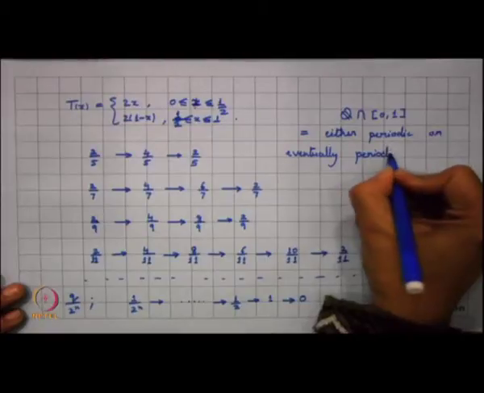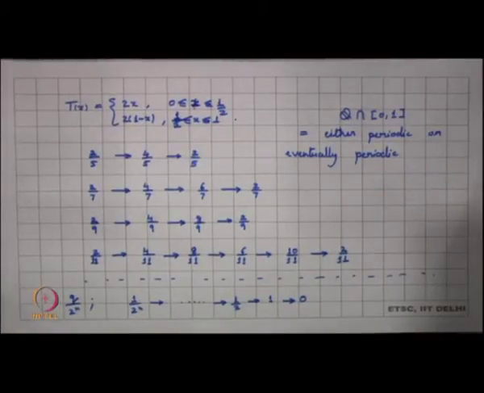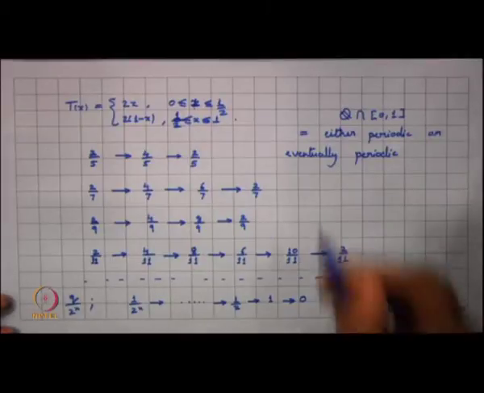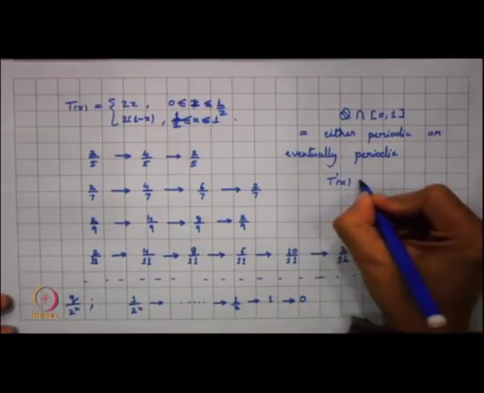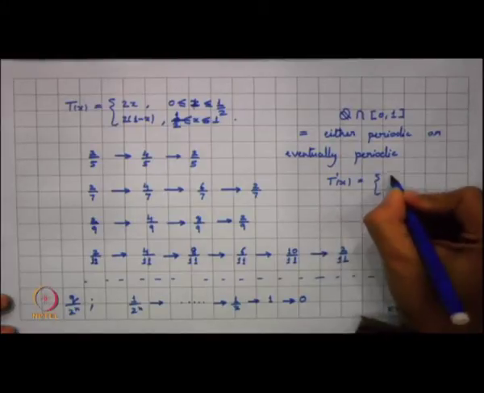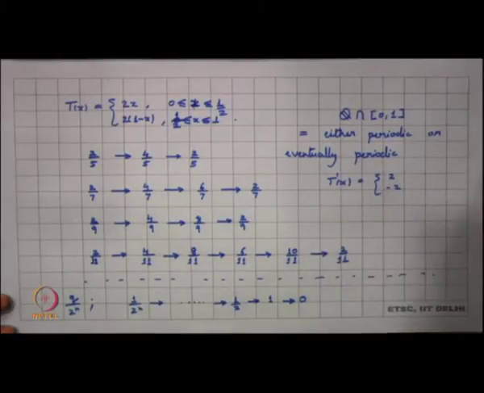Let us look into the next observation. This is my map T. We know that this map T has a slope of modulus 2 everywhere. So what we find here is that T prime of x is either 2 or minus 2 everywhere.